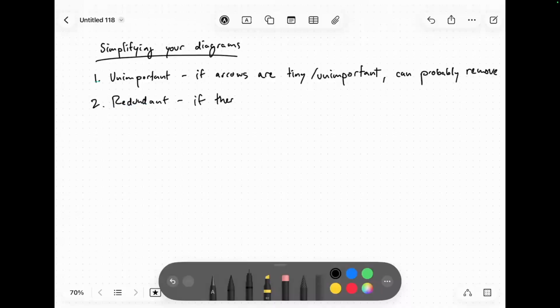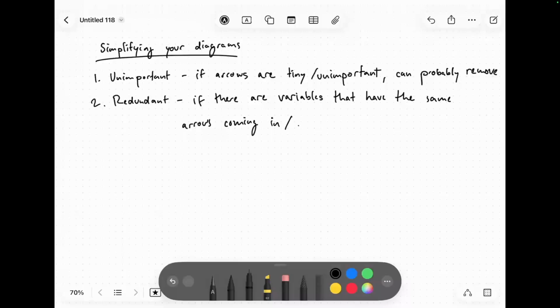If there are variables that have the same arrows coming in and going out, then just combine them.